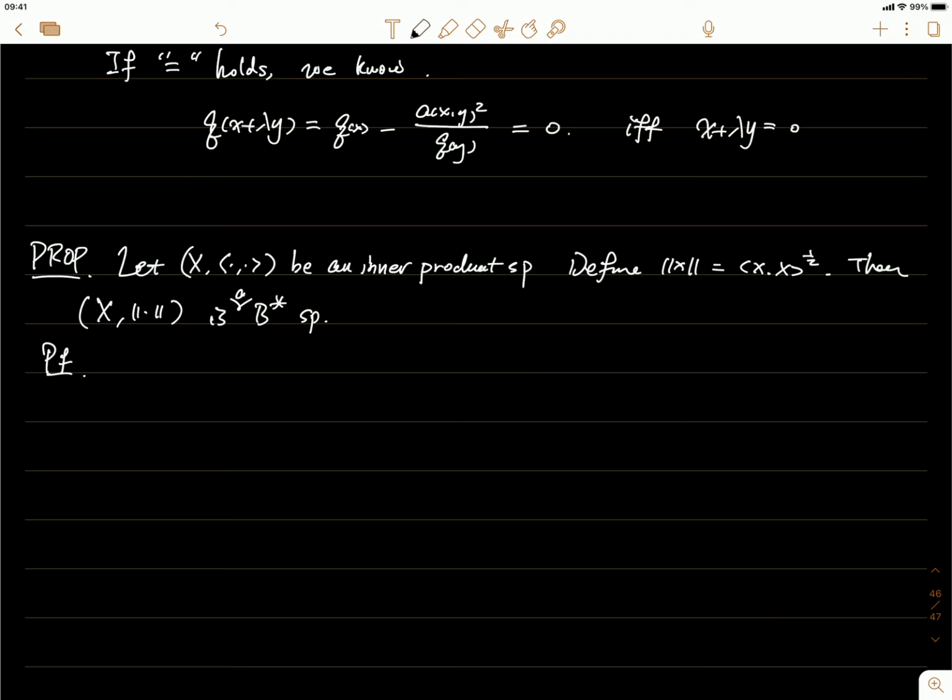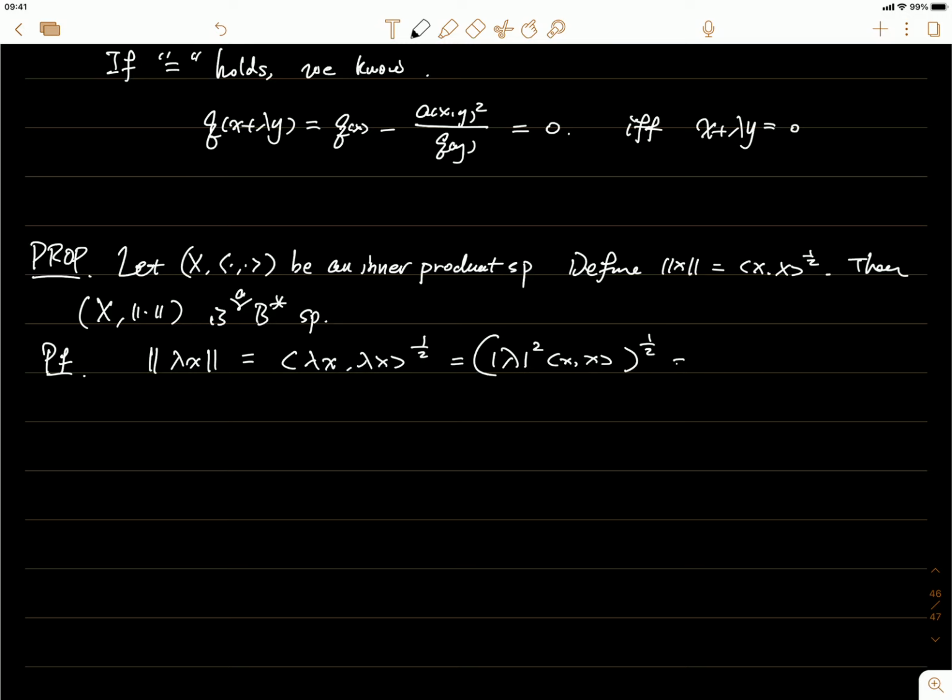You can see that to prove it is a norm, we need to show that it is positive definite, which is true since this is the inner product, and it's also homogeneous. That's also easy to show: if you have ‖λx‖, according to the definition, this will be the square root of the inner product of λx with itself, and according to the definition of inner product, you need to pull out the λ squared, and then the inner product of x with itself, and together you take the 1/2 power.